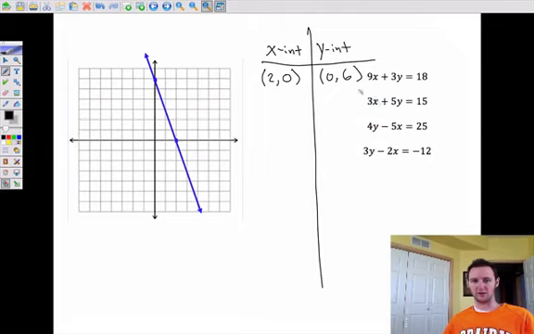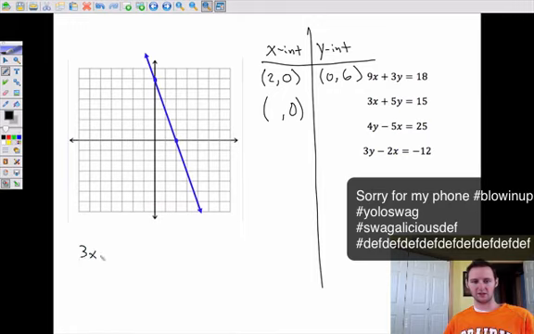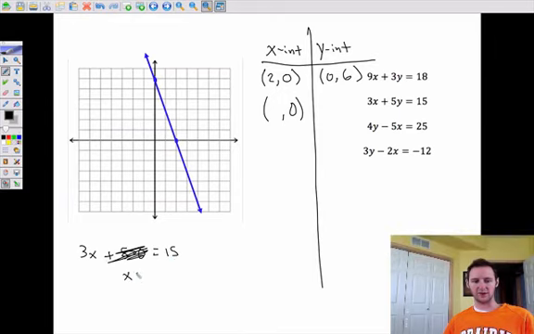For the x-intercept, we know the y-coordinate is going to be 0. So I'm going to put in a 0 for y. 3x plus 5 times 0 equals 15. This gives me just 3x equals 15, so x equals 5. So the x-intercept is at 5, 0. The y-intercept is where x equals 0.